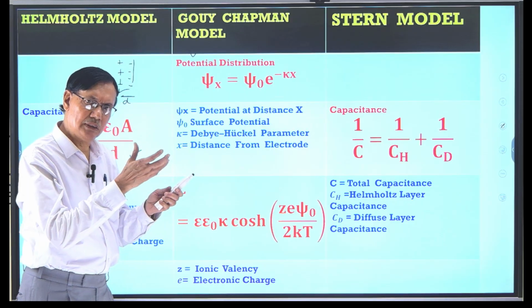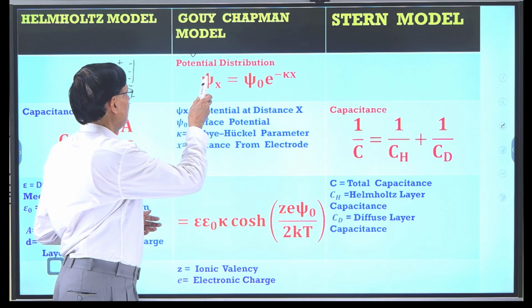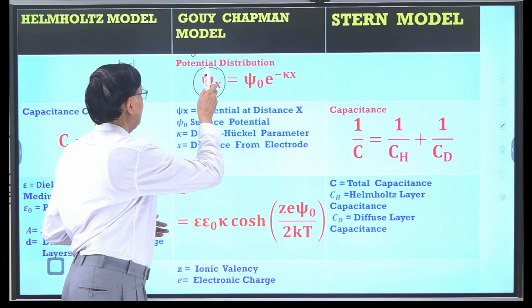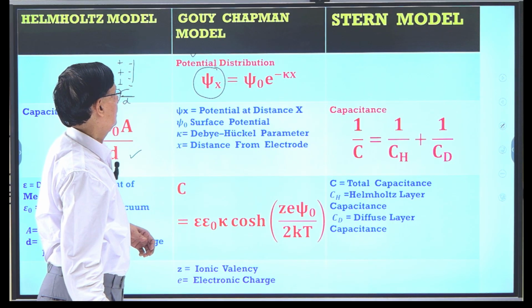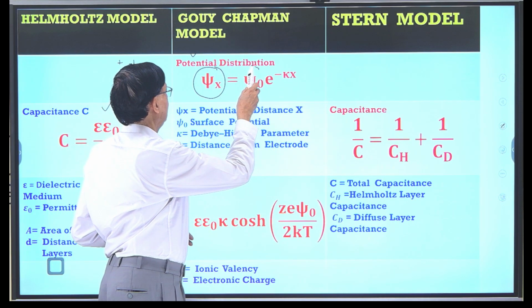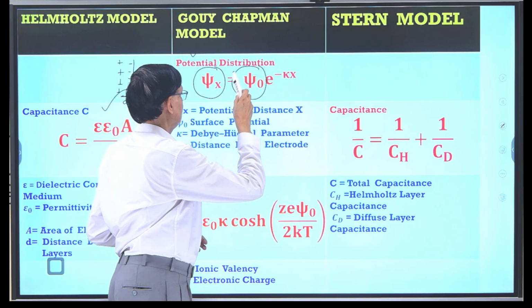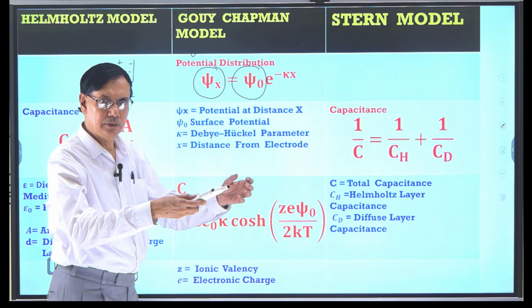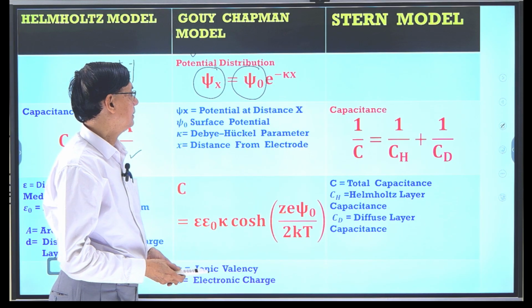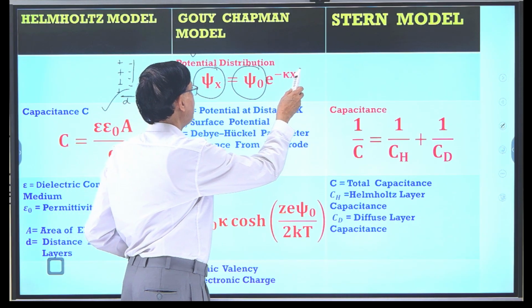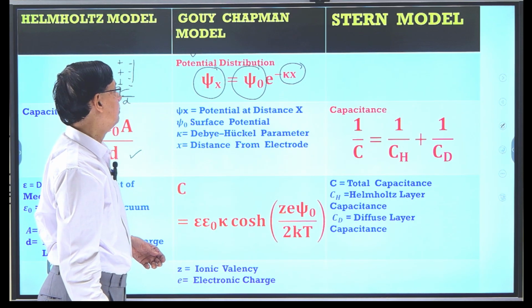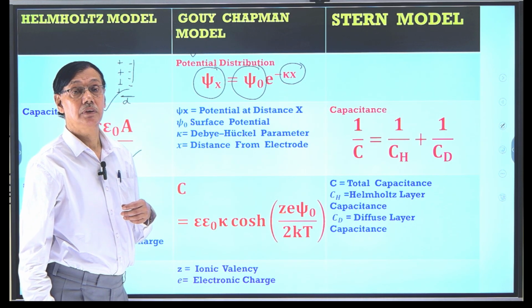They are just like the same thing, but here it is the potential at distance x, and it is the potential at surface after this migration and diffuse and other things. Exponential minus kappa x. Kappa is a Debye-Huckel parameter.